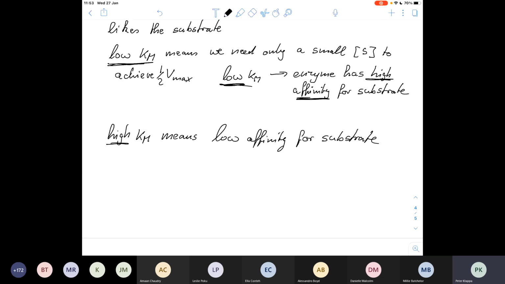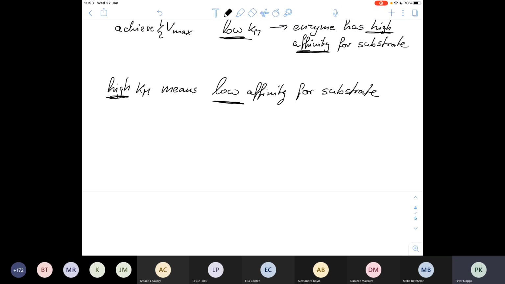So high Km, low affinity. And that actually puts us in a really nice position to compare enzymes or substrates.